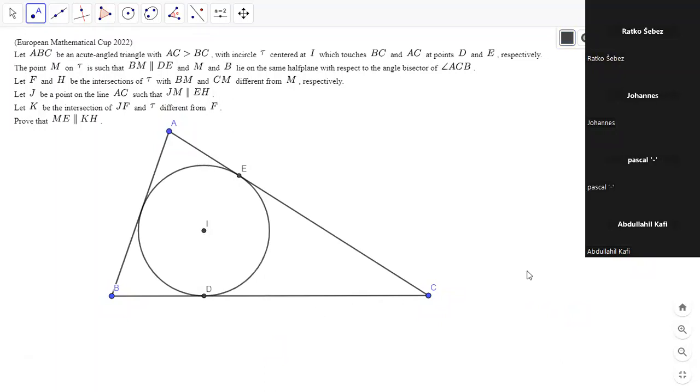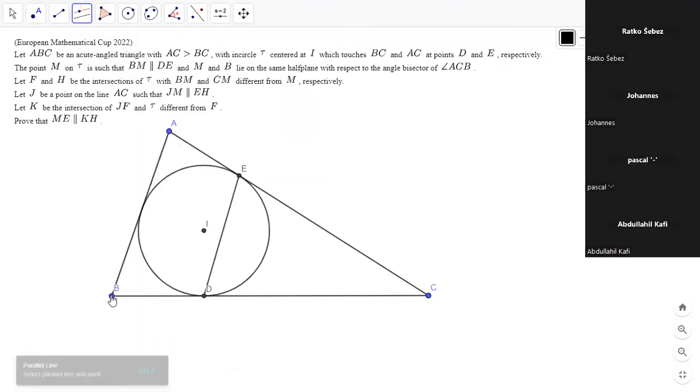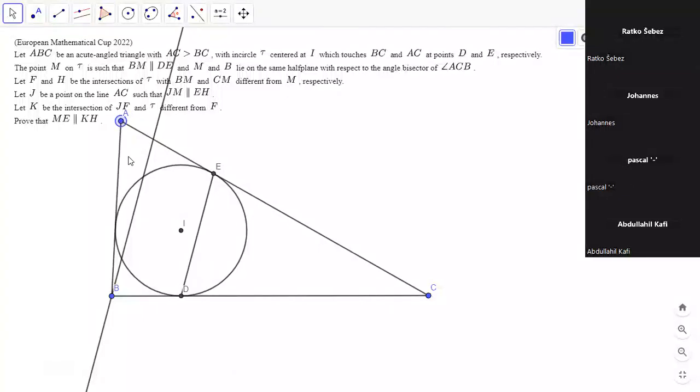And so BM is parallel to DE, and it lies on the circle. So maybe we want something more like that.